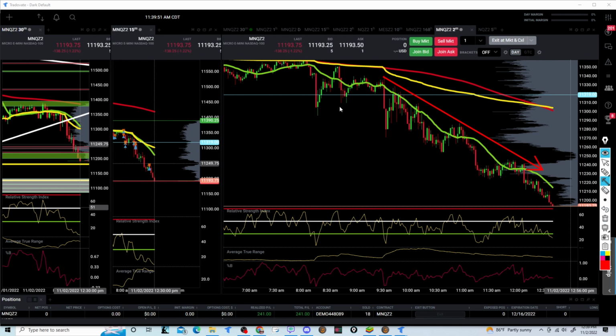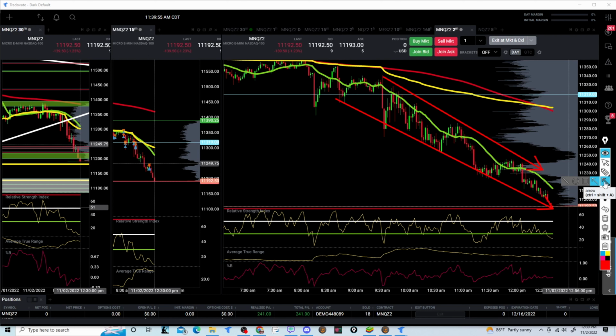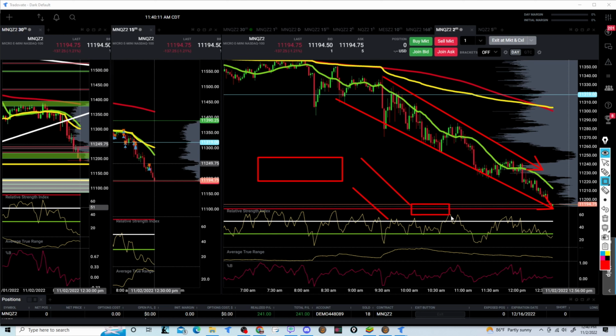Okay? I want to start drawing these out like channels because this is tied to learning to trade channels. Okay, we went from ranges, now we're going to channels. Because that's the only two ways the market will ever move. It will either range or it will channel.